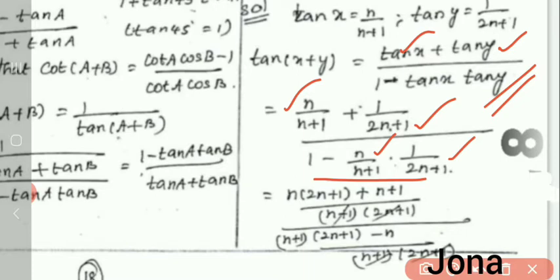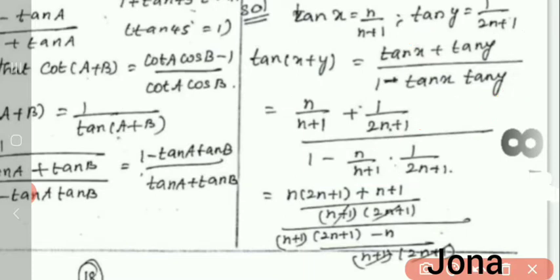And then I want to simplify. In the numerator the LCM is 2n plus 1 into n plus 1. Then cross multiply at the numerator: it is n into 2n plus 1 plus 1 into n plus 1, divided by, at the denominator also I want to take LCM, that is n into 2n plus 1.